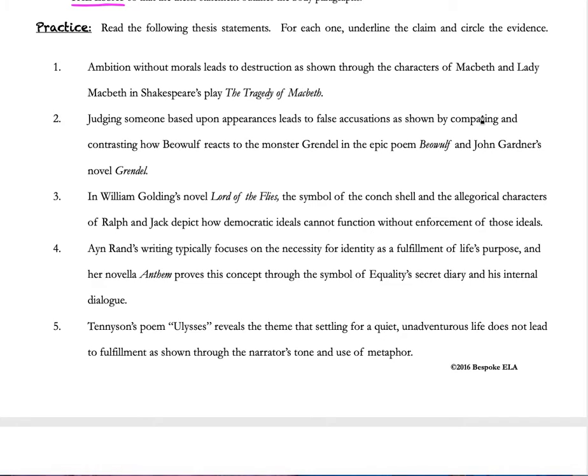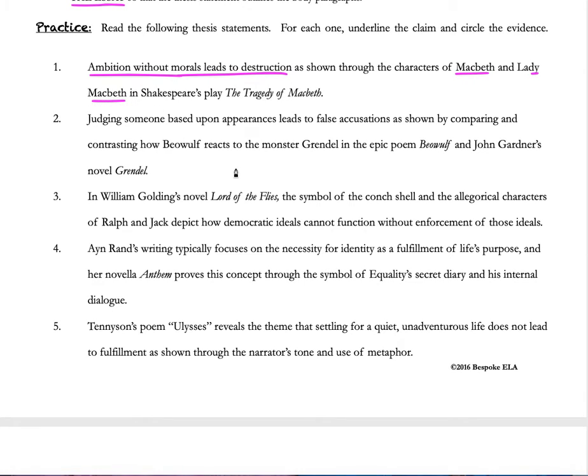In this one, this is a very clear-cut thesis, but it is strong. So our theme, or our claim, is that ambition without morals leads to destruction. And the evidence is the characters of Macbeth and Lady Macbeth.